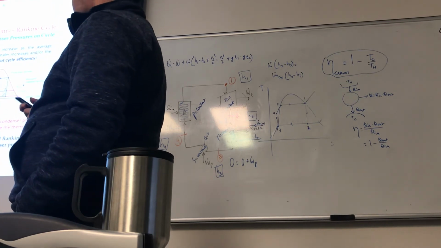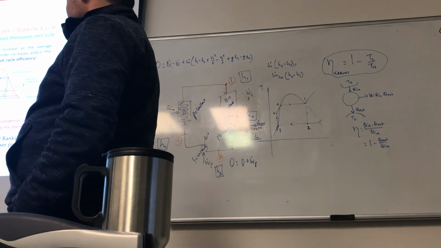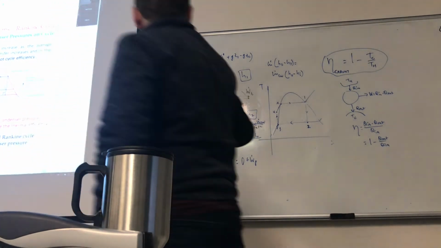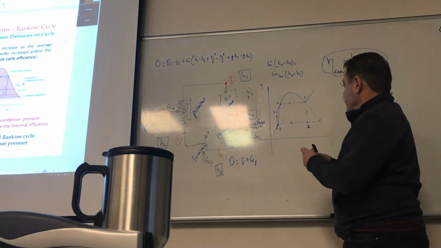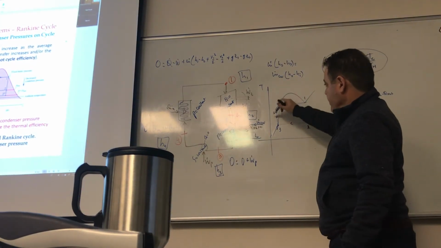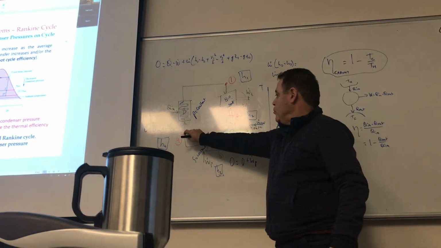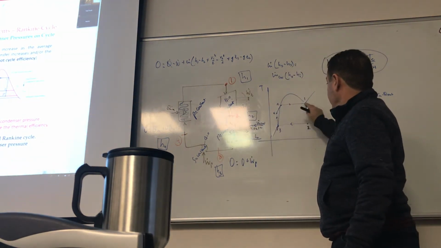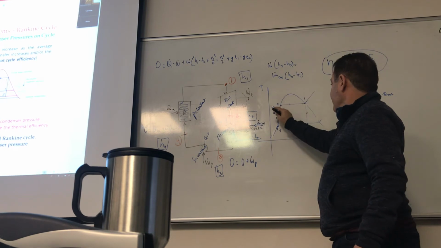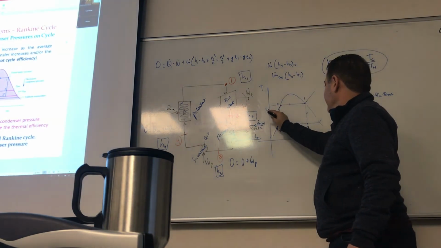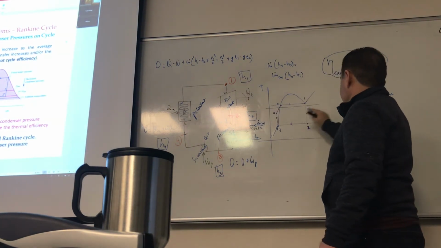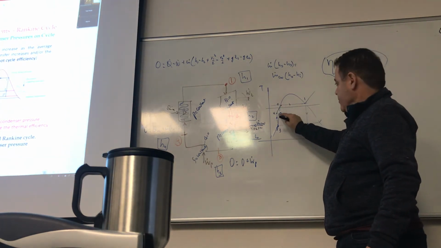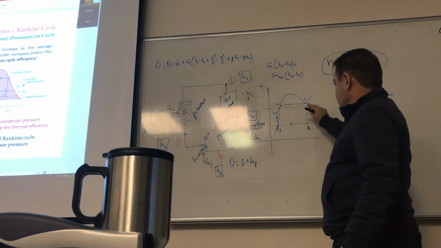Now, why is this increasing thermal efficiency? Because of the temperature. Look at the average temperature of heat addition. Do you agree that I'm adding heat between 4 and 1? So maybe I'm increasing the average temperature, which is going to be somewhere there because this one is a little bit lower.